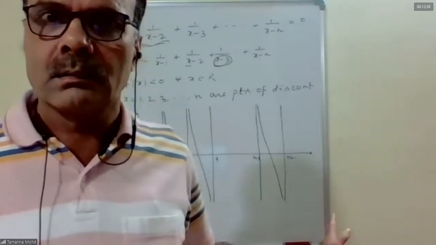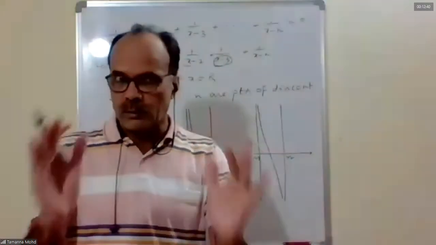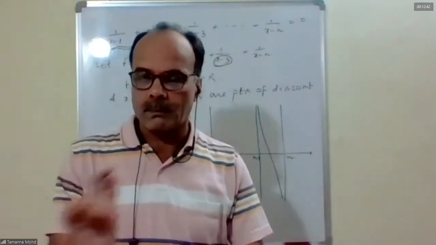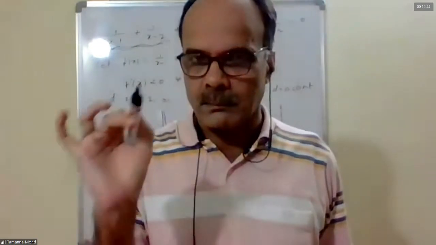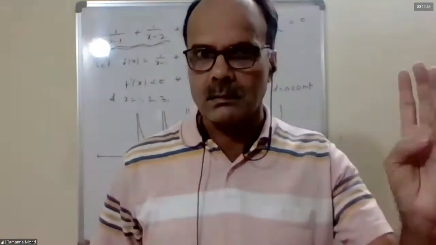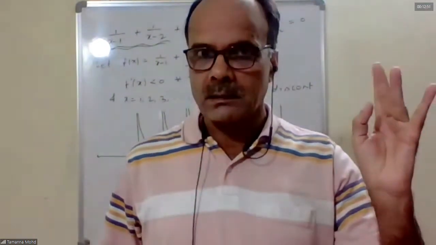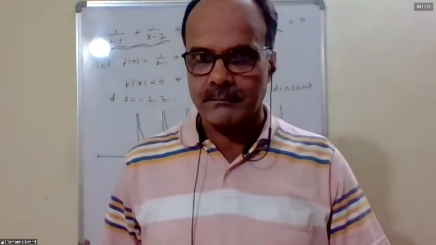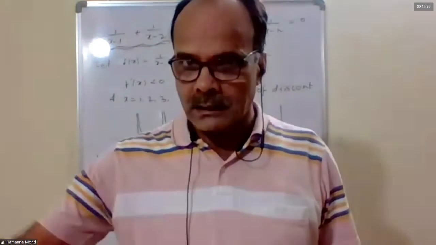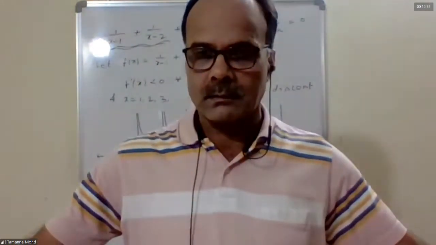What I said, how to plot the graph in short, I am telling you. Find critical points. Number one, what are the critical points? Points where derivative is zero, points of discontinuity, the points where derivative does not exist. Write all these points on the real line and the extreme points.